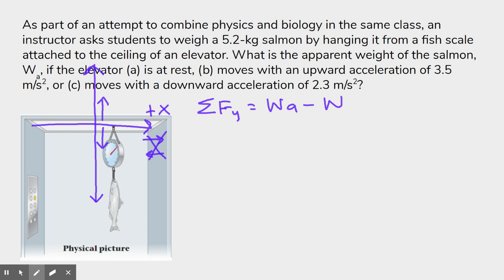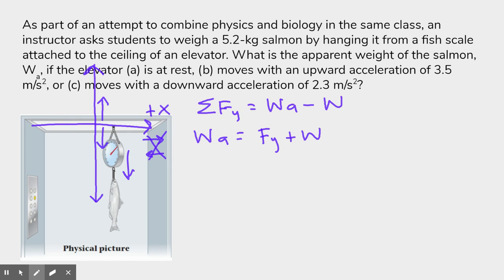And we say minus because the weight is pulling this fish down in the negative direction. Well, we want to solve for the apparent weight. So this would become apparent weight equals the force in the y direction plus the actual weight.